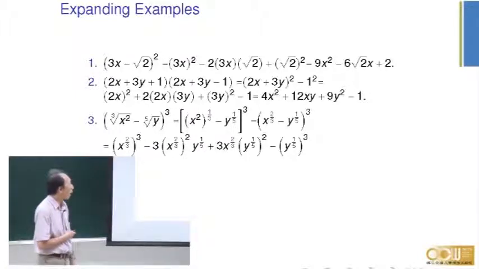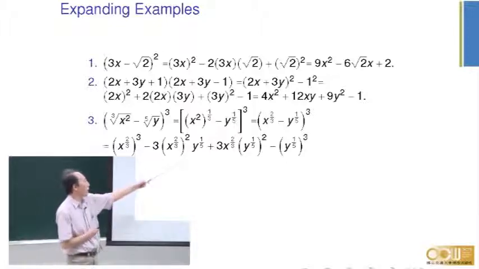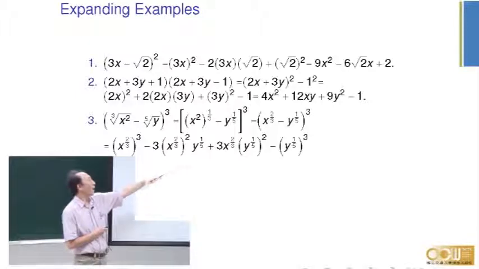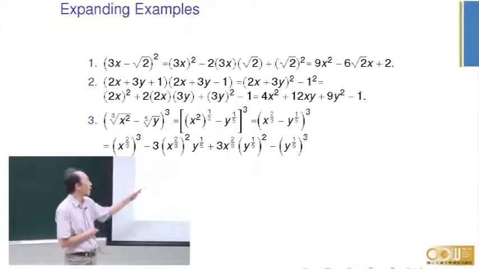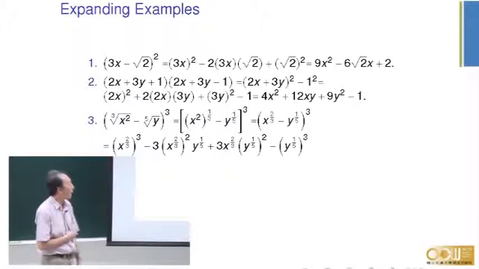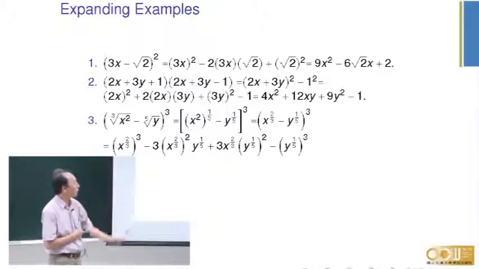So what I'm going to do here is write them into exponent forms. The first one is x times the cube root of x squared, and the second quantity is the 5th root of y. Then subtract them, then take the cube.